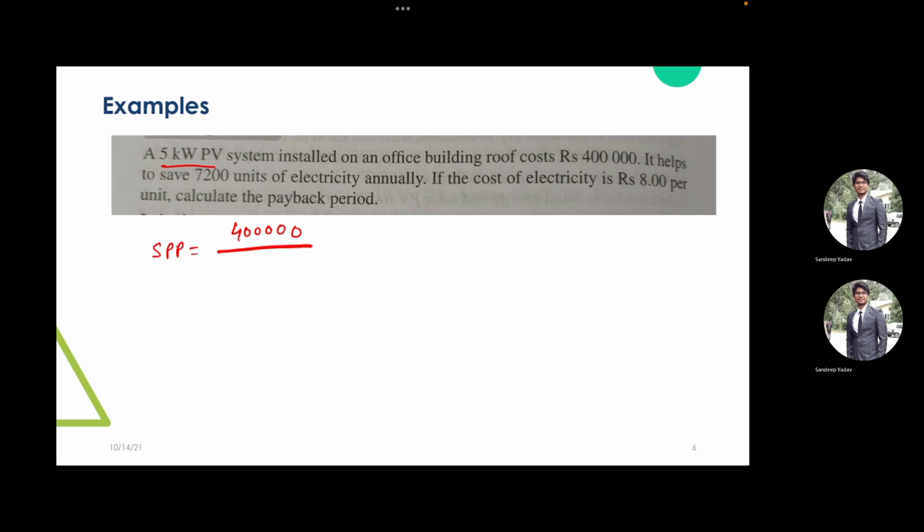It helps to save 7,200 units, and per unit cost is 8 rupees, so that will be 57,600 rupees annually.